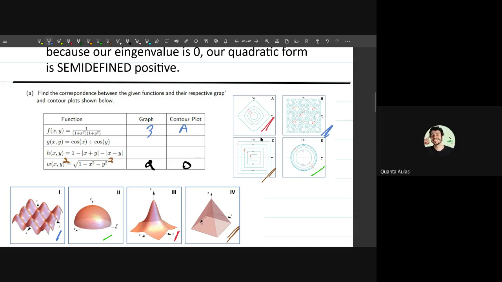We can see another one. And another one is probably number 3, is our 4. No, next one. Number 3. Ah, okay.